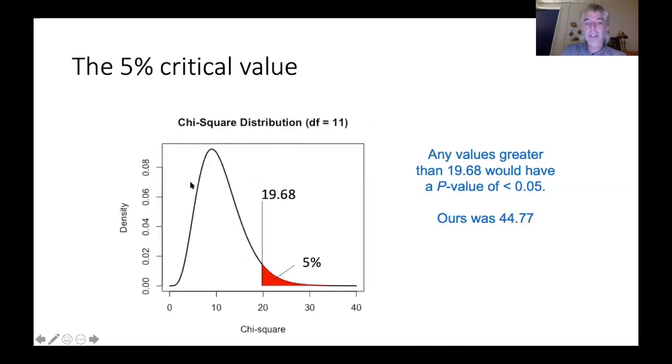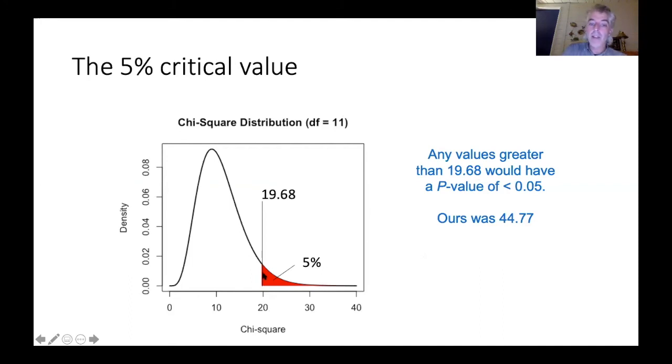So here we have this same chi-squared distribution with our critical value indicated here at 19.68. What this figure shows is that 5% of the area underneath this curve falls to the right of this critical value.